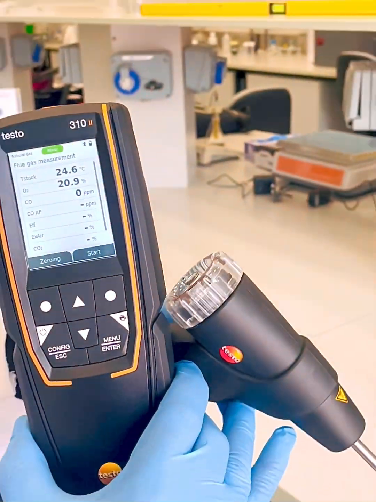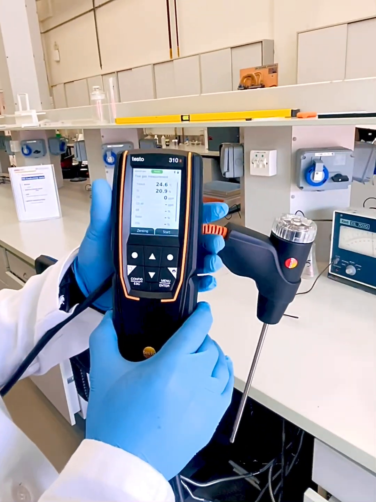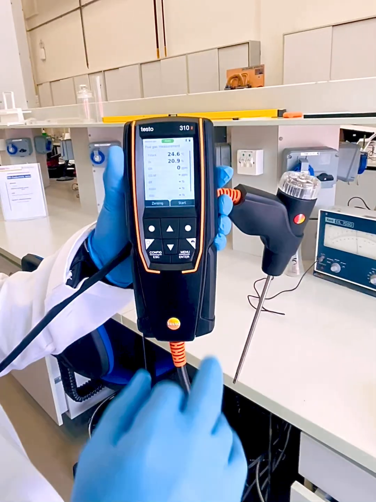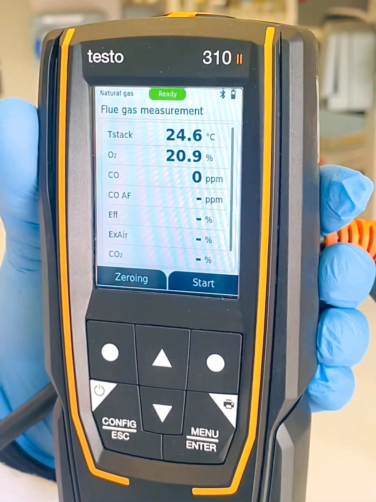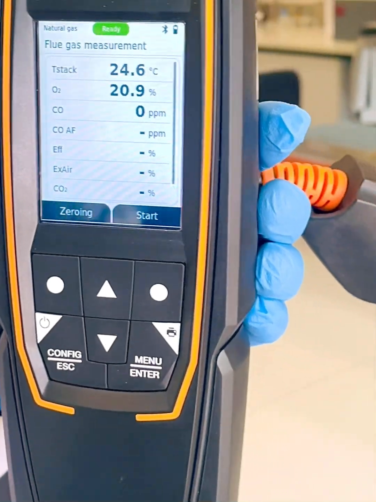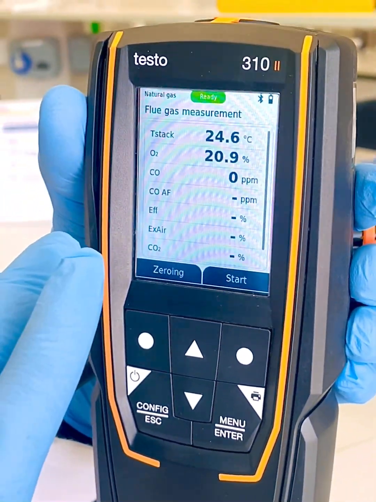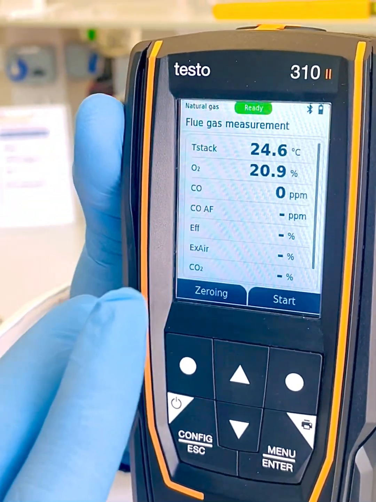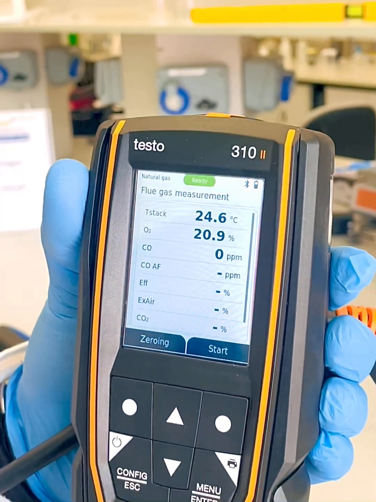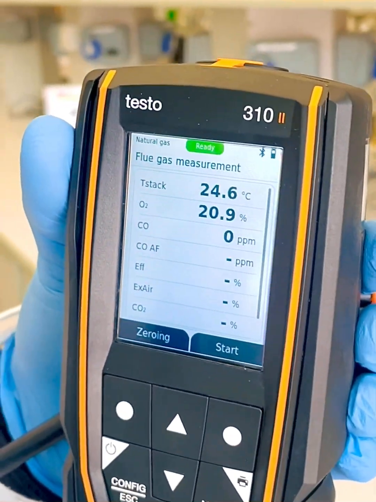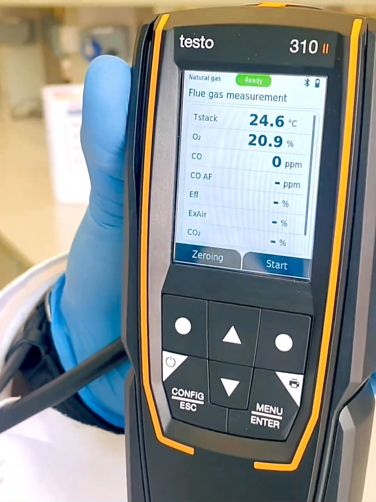Before we move on to the actual experiment for the day, I would like also to explain the components we see on the flue gas analyzer. So we have here the T stack, which is just the temperature of the surroundings or the ambience. So it's about 24 degrees Celsius. We have the oxygen concentration.